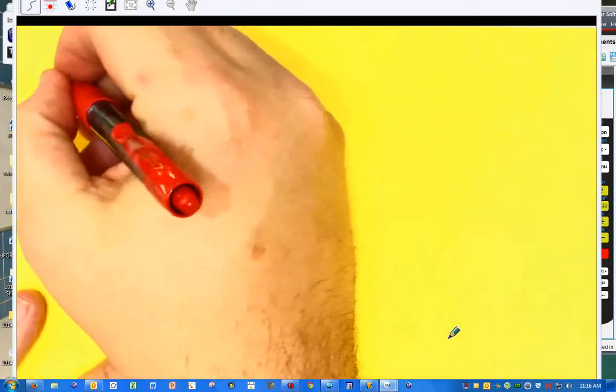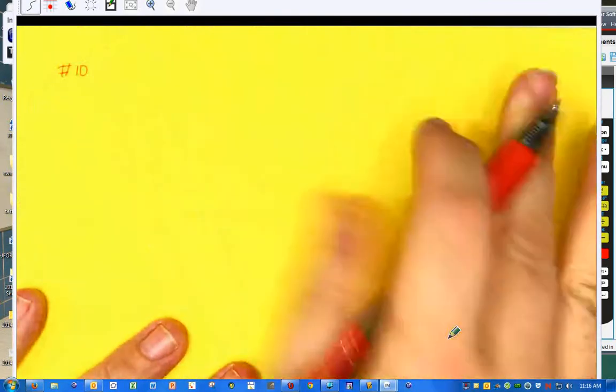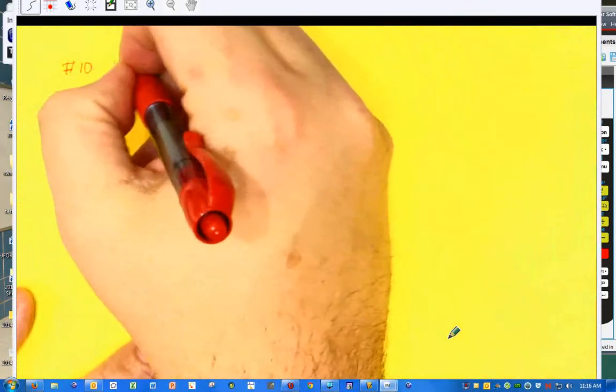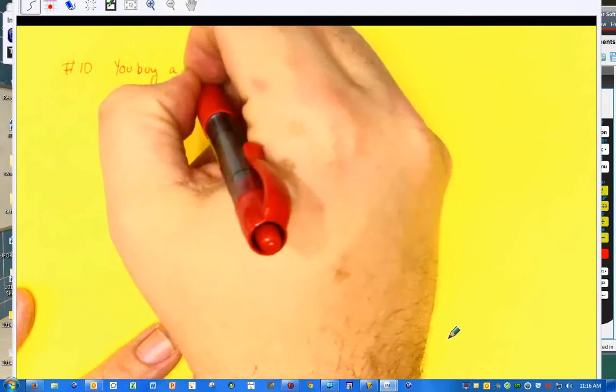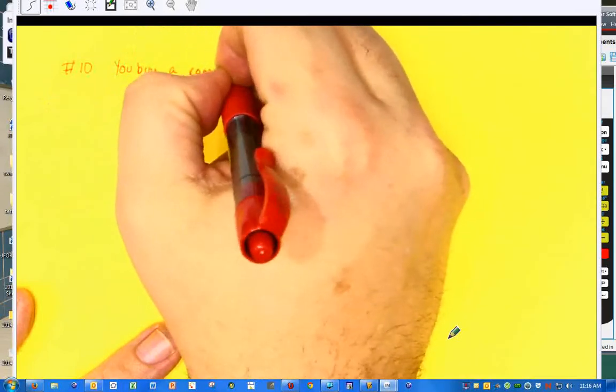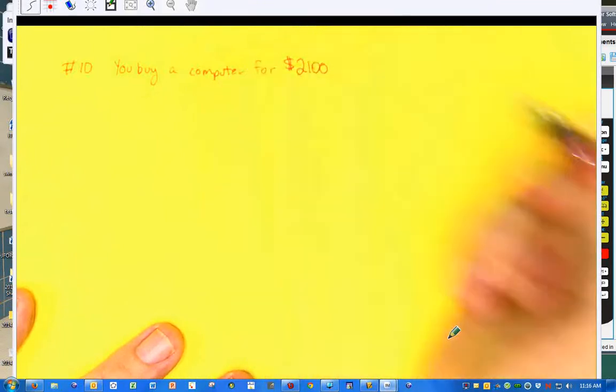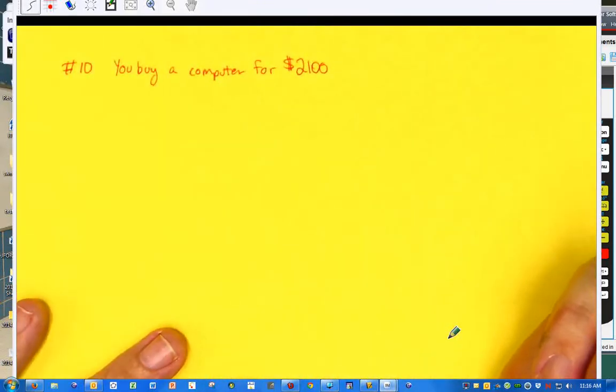Alright, so now, for number 10 on the worksheet, it says you buy a new computer for $2,100.